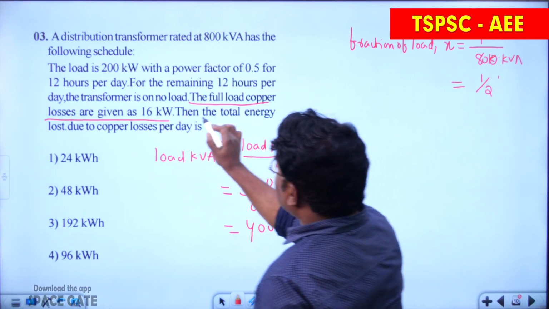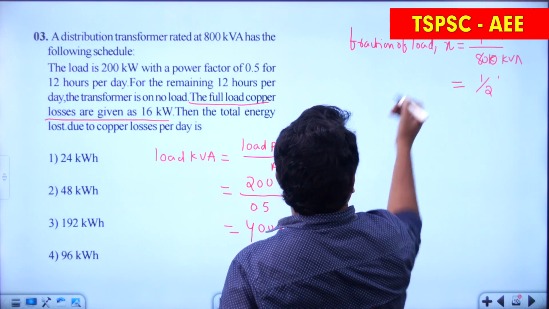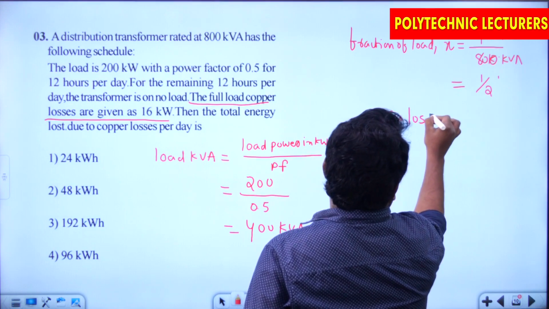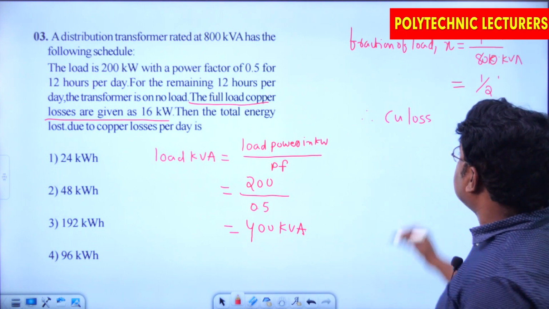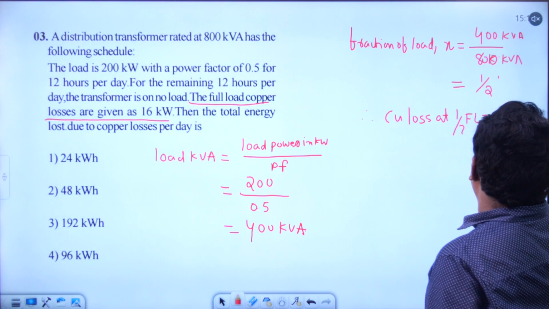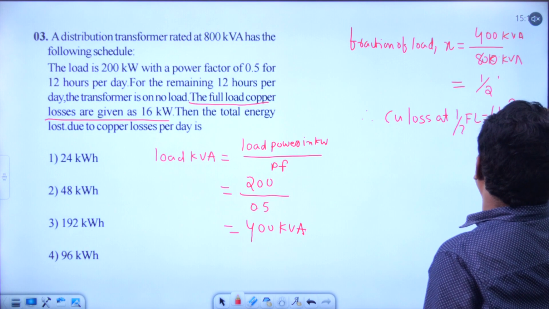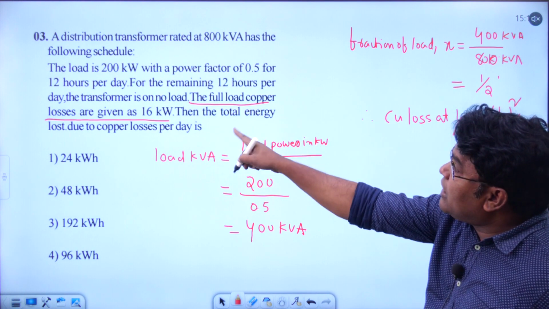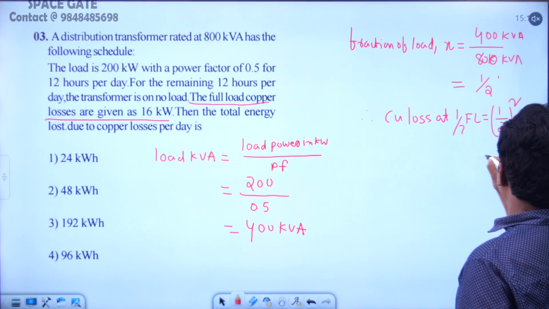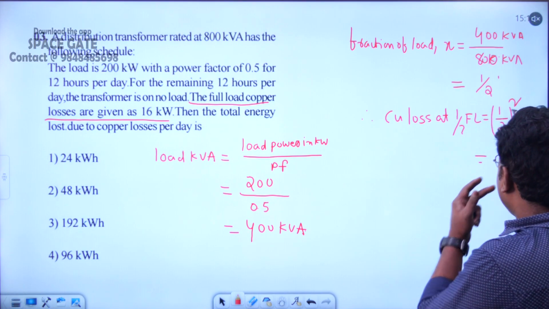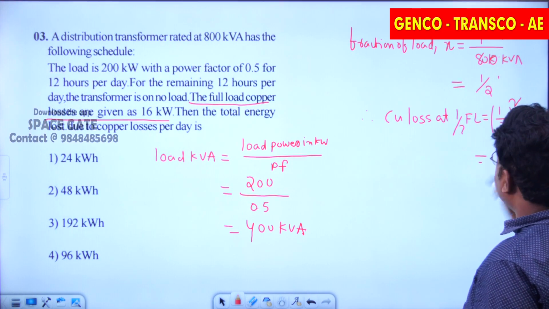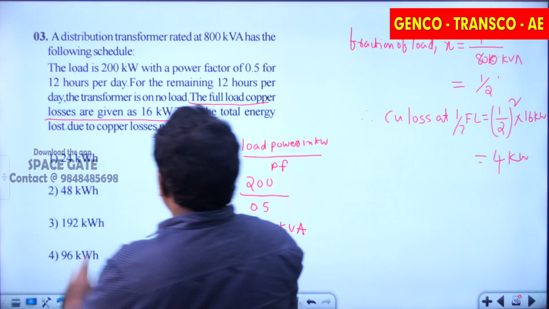Now the copper losses at this load. Therefore the copper losses at half load condition are equal to (1 by 2) whole squared into the full load copper losses, which is 16 kilowatts. That is 1 by 4 of 16 kilowatts, so it is 4 kilowatts.